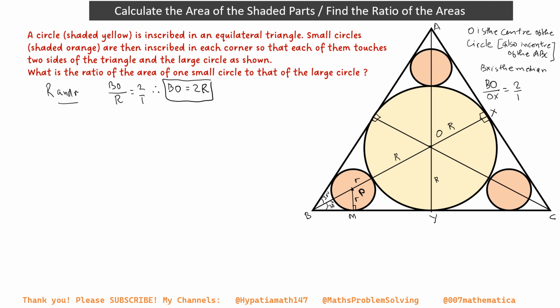Now what I can do is, using similar triangles, I can write triangle BPM is similar to triangle BOY. Why is this happening? Because you see BPM and BOY, they are both 30, 60, 90.